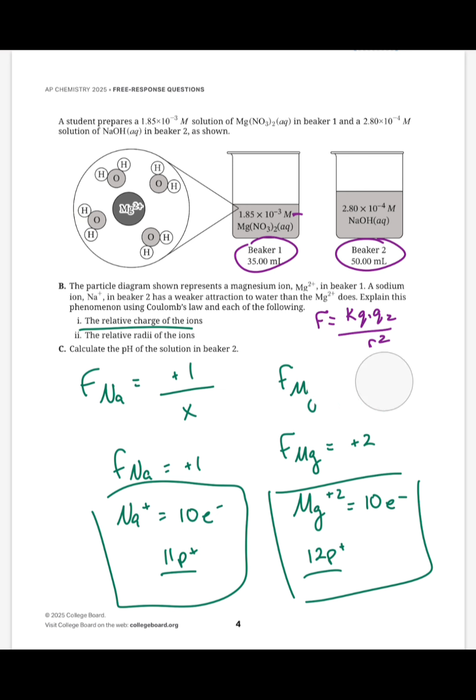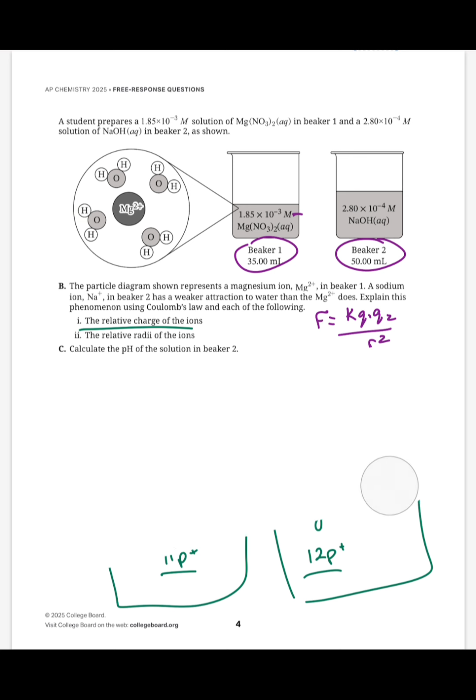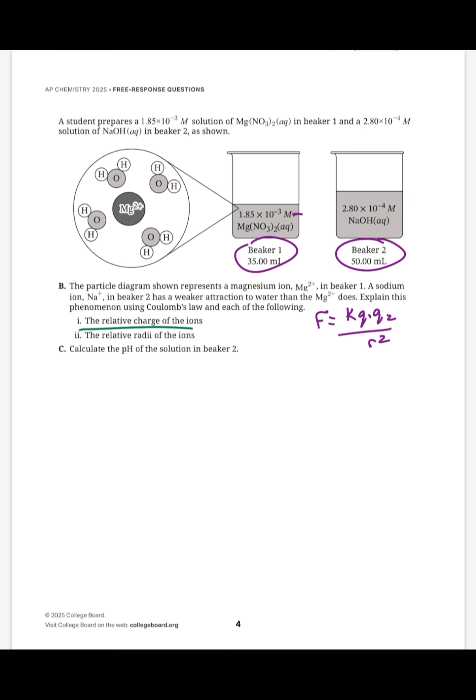For our next part, part C, it's asking us to calculate the pH of the solution. The thing that's contributing to pH here is going to be the sodium hydroxide. Sodium hydroxide is a strong base, and so it ionizes 100%.